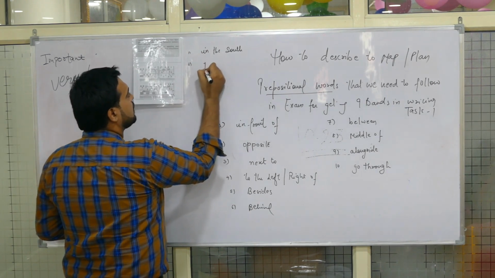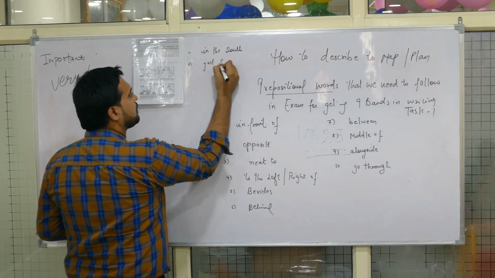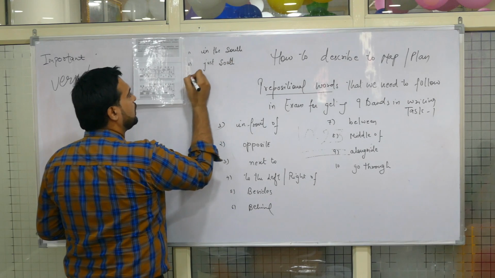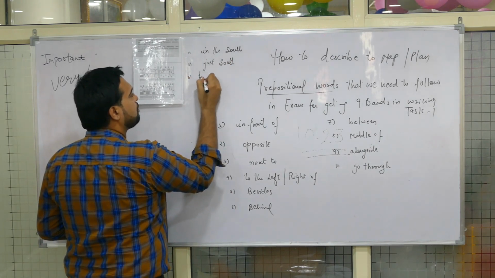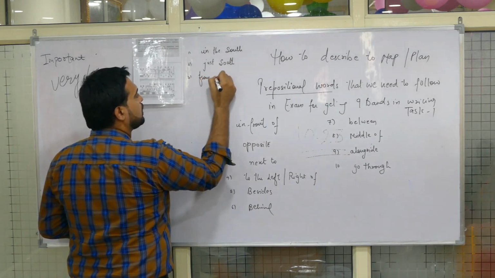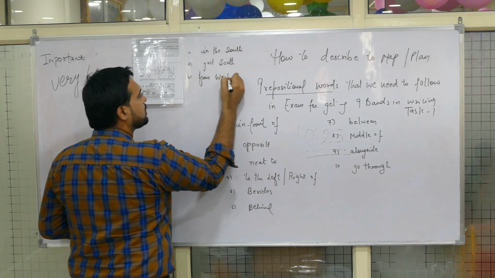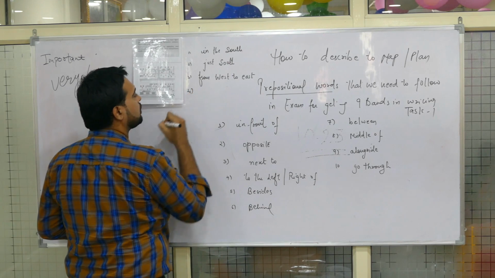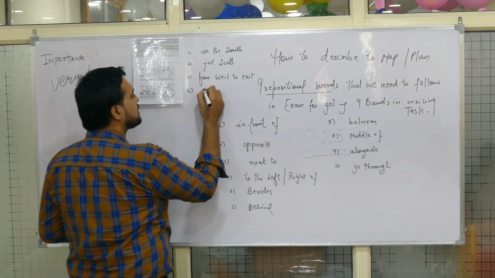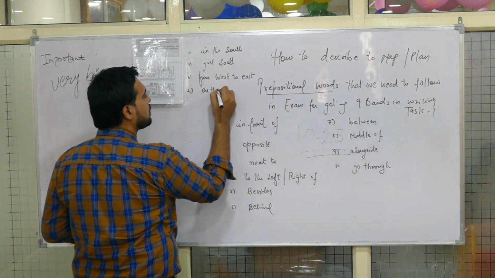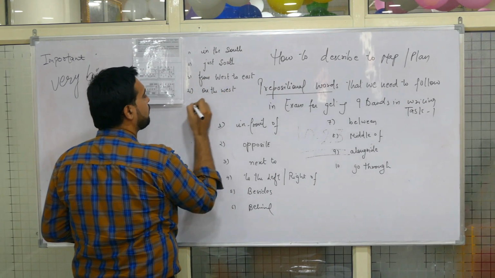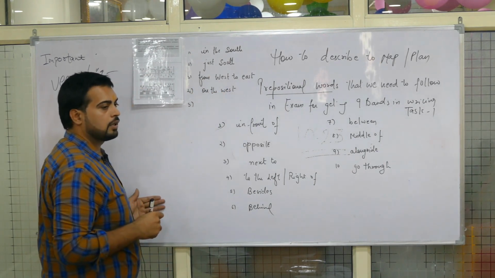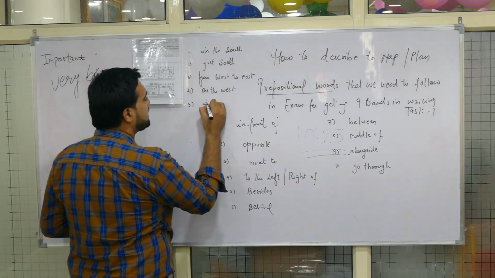Second, just south. Third, from west to east. Fourth, on the west. Fifth, in the west side.